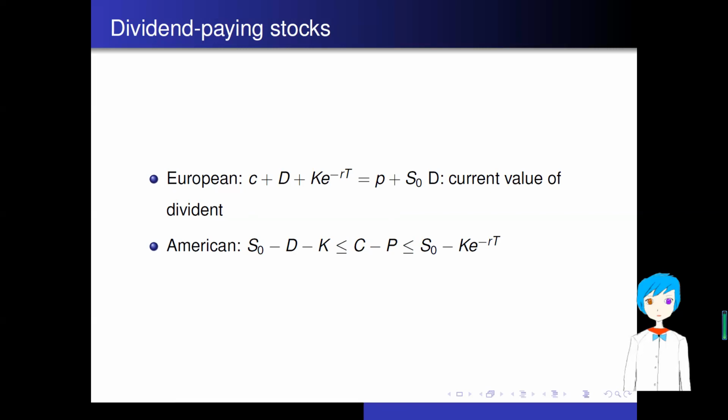For the American option, the equality becomes inequalities, because we know that for an American option, the price of the call option is always greater than or equal to the price of its European counterpart, and also the price of a put option is always greater than or equal to its European counterpart.